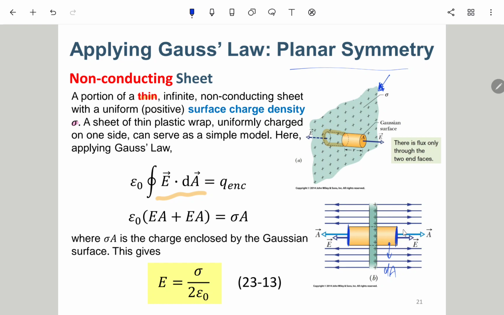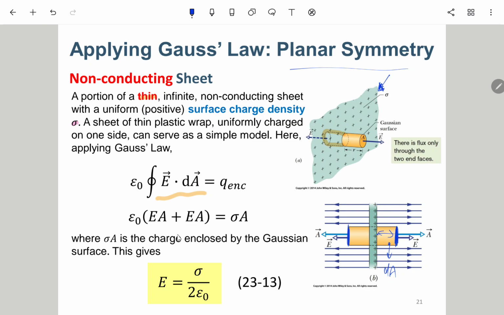We don't know yet whether the distance is related to the E field, but at least on the same surface with the same distance to the plate, the E field should be the same according to the symmetry. So for this side, we assume the E field to be E, a uniform value, and this is the cross-section area A. For the other side, the value should be the same.